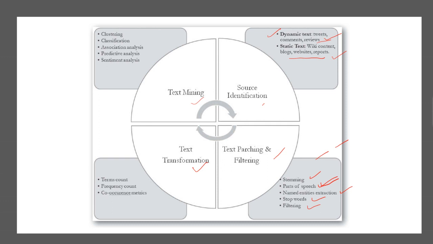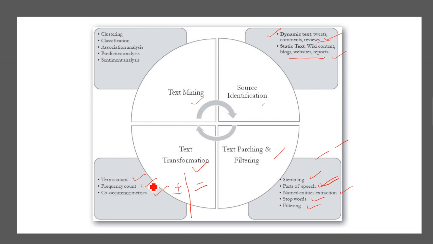Then comes the text transformation. So we can find the term count, frequency count, and the co-occurrence matrix. That means we can identify which terms are similar and positive, and which terms are similar but negative comments, and we can identify them into two groups.